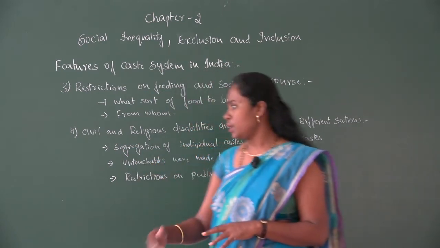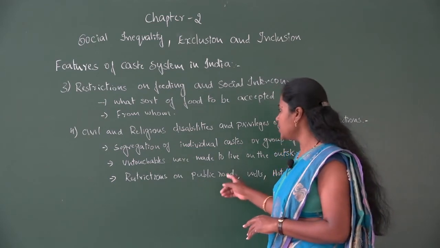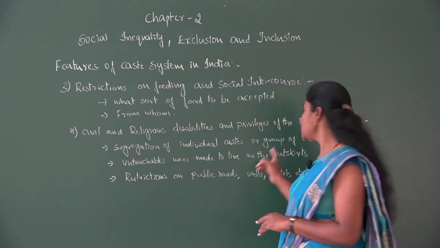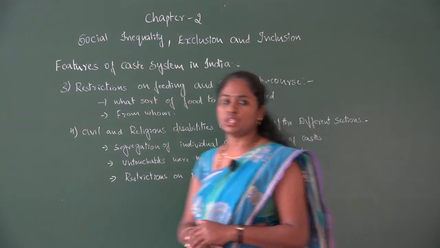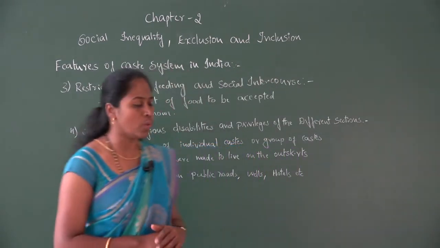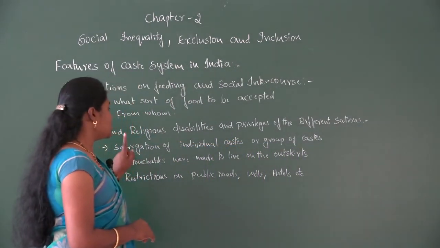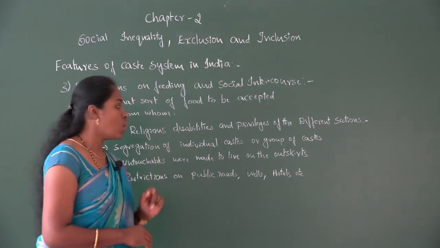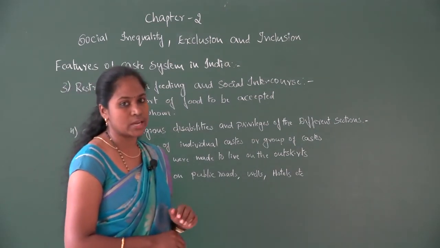And the next point, the fourth one, is civil and religious disabilities and privileges of the different sections. In this, there was segregation of individual castes or groups of castes in the society.